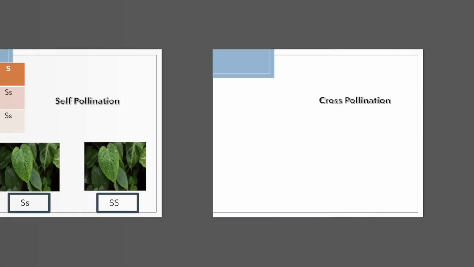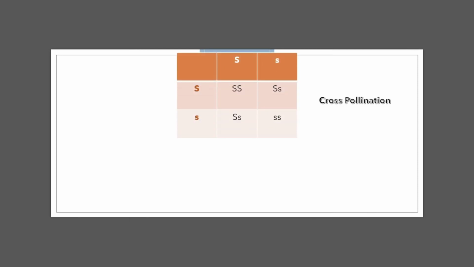Now when we cross-pollinate these plants, what will be the result? Again, we have the Punnett square. By analyzing that Punnett square, we can see that the genotype of a smooth plant is capital S capital S or capital S small s, while the wrinkled one has small s small s.